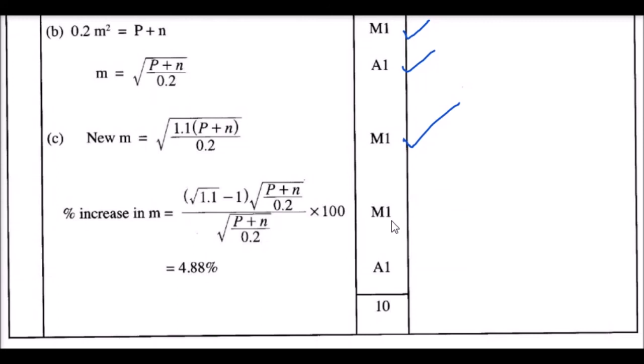Once you substitute that and you get the percentage, you get another mark, and finally you get a mark for getting the answer, totaling 10. Our answer, we have obtained 5% because I applied 2 decimal places when I was getting the square root of 1.1, which I still believe is correct to do.